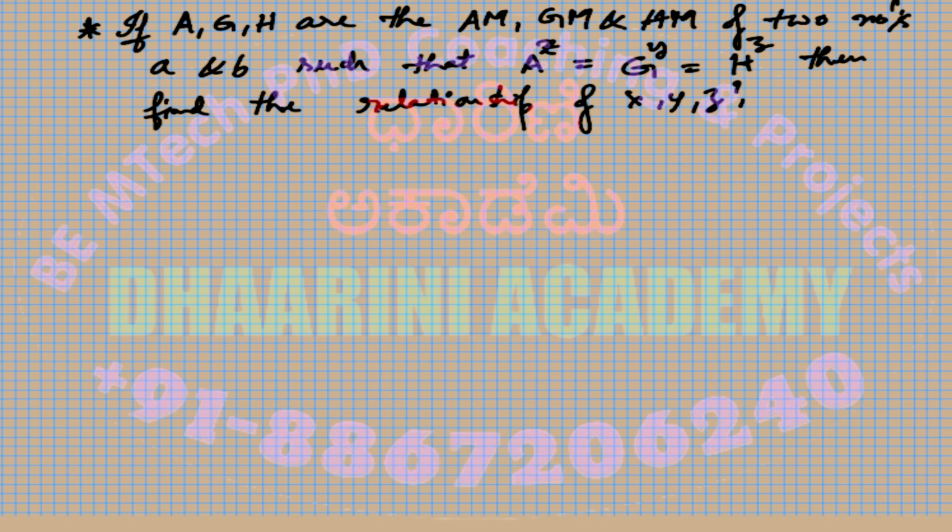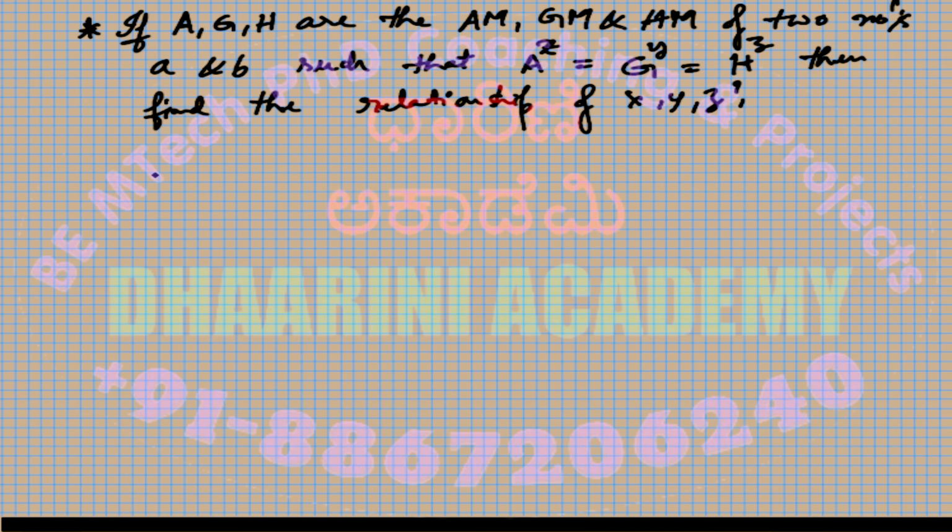Let us start the solution by what is given. They have given that A to the x is equal to the geometric mean raised to the power y, that is also equal to the harmonic mean raised to the power z. Let's call this a constant k.